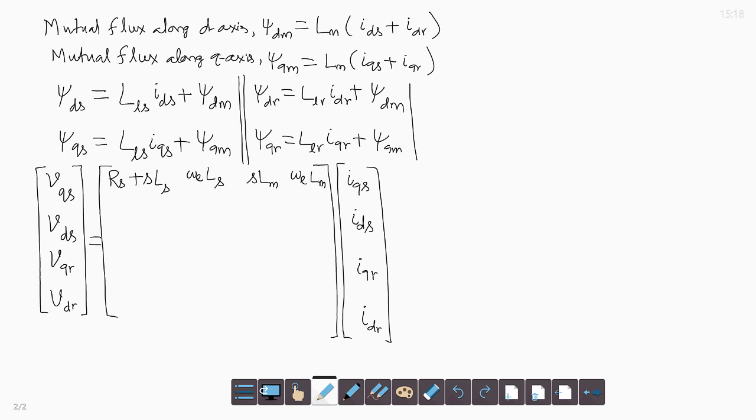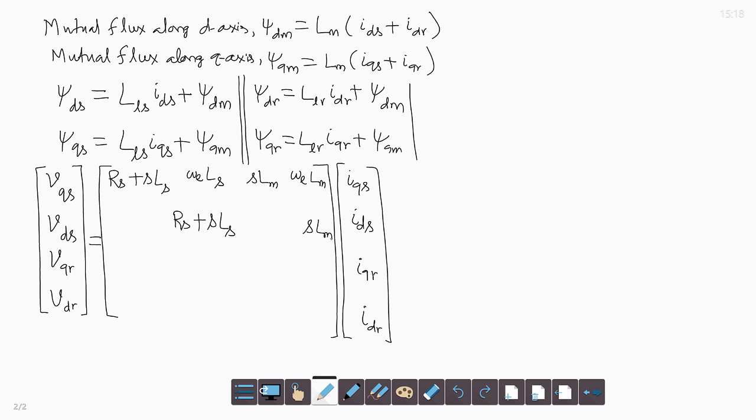Similarly, the second row, Vds is Rs Ids plus d psi ds by dt, and d psi ds by dt is s Ls Ids plus s Lm Idr, then minus omega e psi qs.